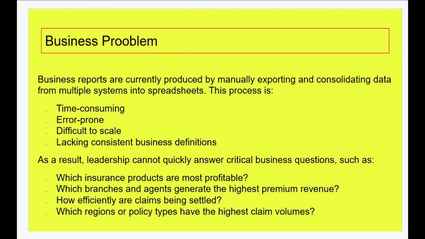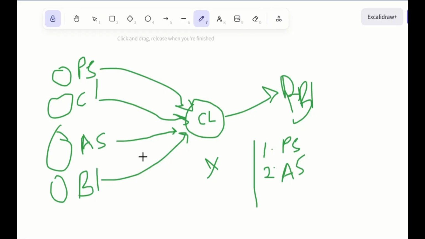And then the third question is, how efficiently are claims being settled? It's being asked about claims, so the data to answer this question is found in the claim system.